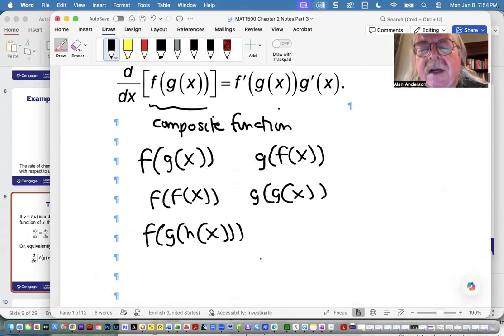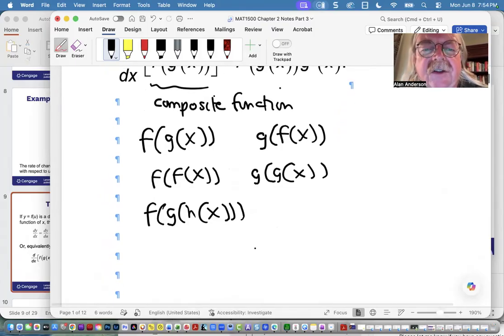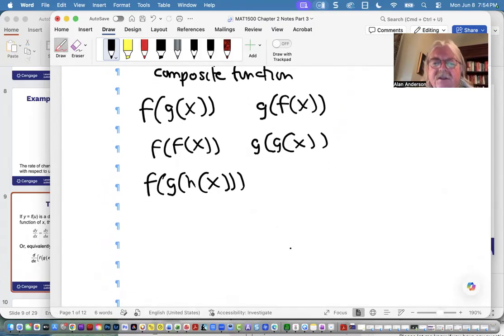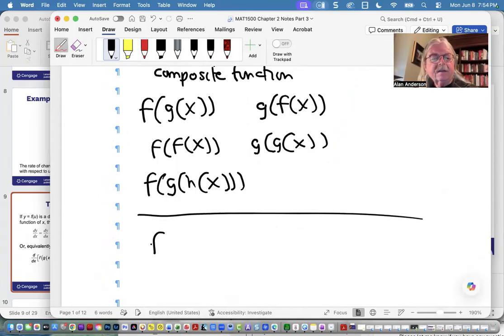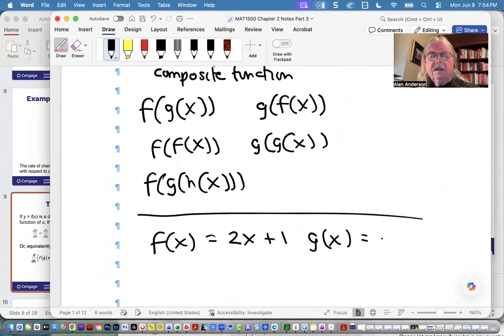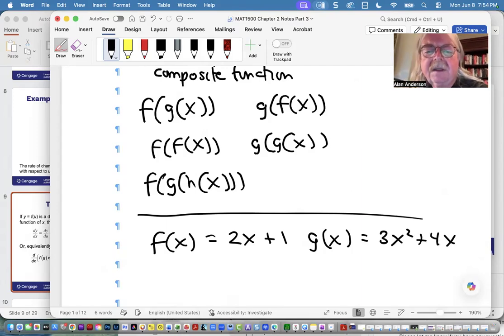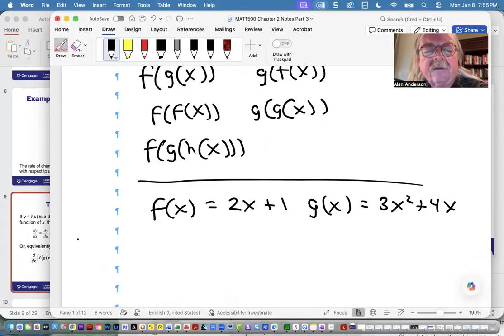Now, let's remind ourselves, how do we calculate or construct a composite function? We'll start with a simple case. Let's say that f of x is 2x plus 1, and let's say g of x is 3x squared plus 4x. So why don't we solve for f of g of x just to remind ourselves how this is done?